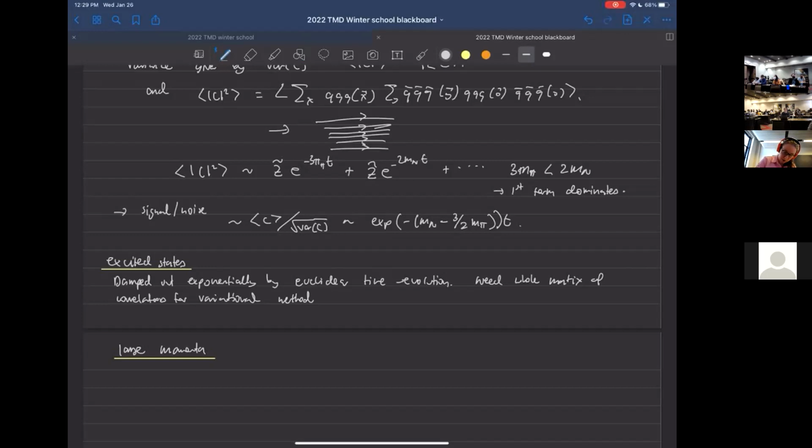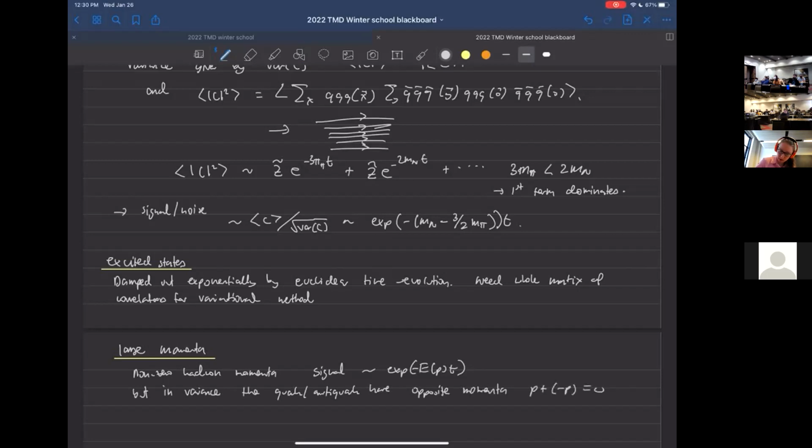But if we have non-zero hadron momenta, the signal is going to look like e to the minus E_P t, where that's now the energy at some given momentum P. But in the variance, the quark and anti-quark have opposite momenta, and P plus minus P equals 0, right?